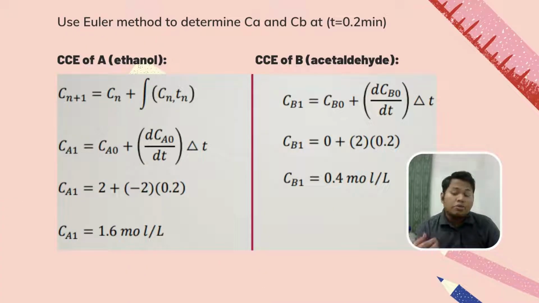Then, applying the Euler method to calculate the concentrations of components A and B for t at 0.2 minutes by substituting the rates of change obtained from the previous calculation, we get the concentrations of A and B equal to 1.6 and 0.4 mole per liter respectively.